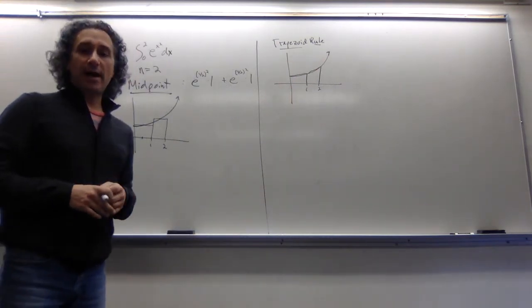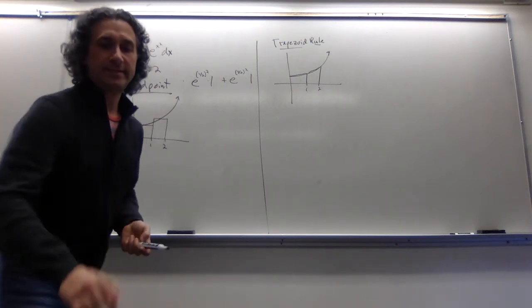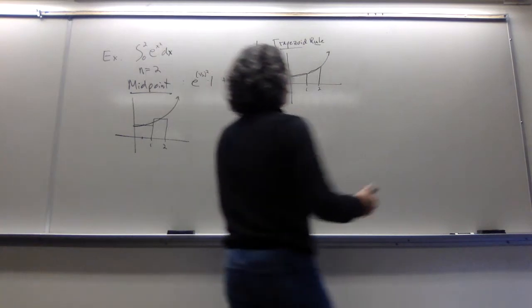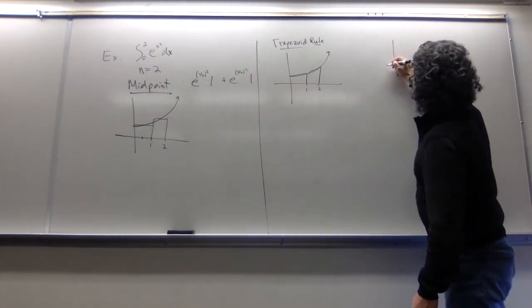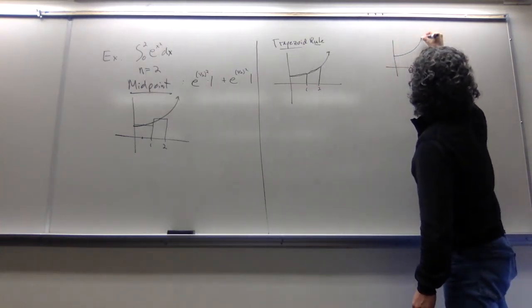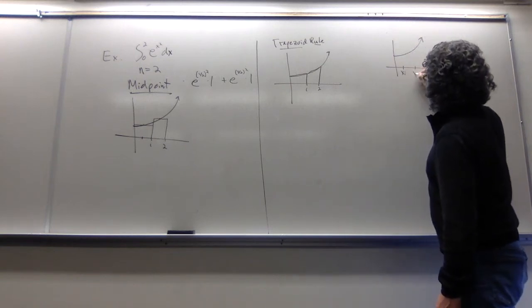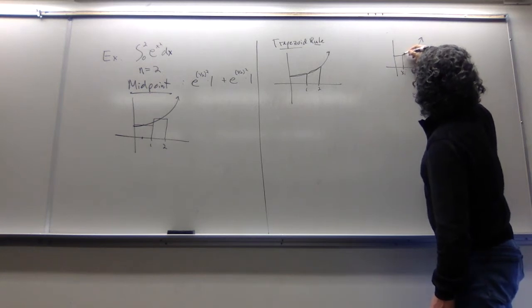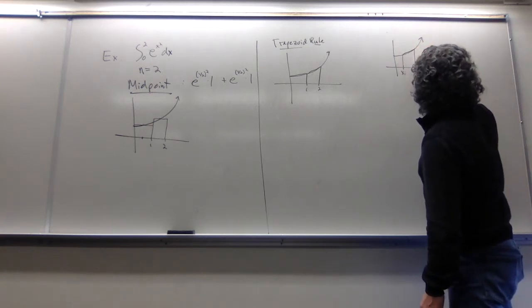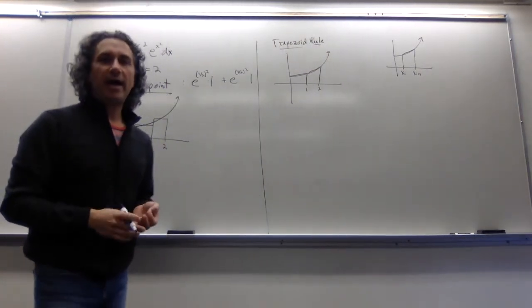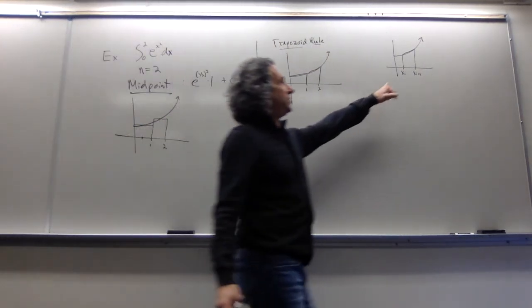So the question then becomes, what is the formula for this? And what I'd like to do is derive that. So instead of using 1 and 2, let me call this guy x sub i and this guy x sub i plus 1. And my goal right now is to find the area of the ith trapezoid.